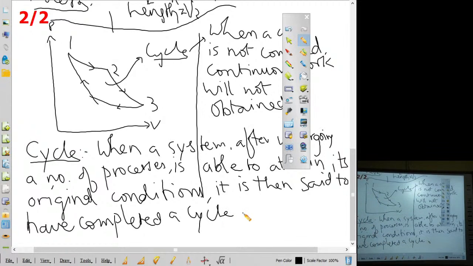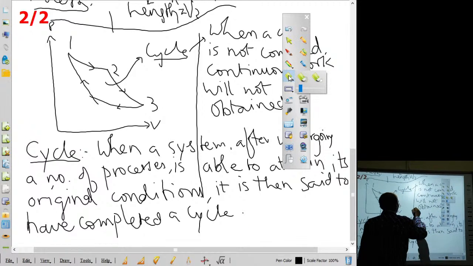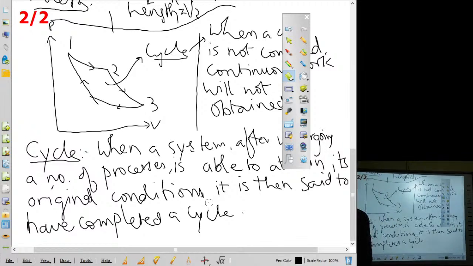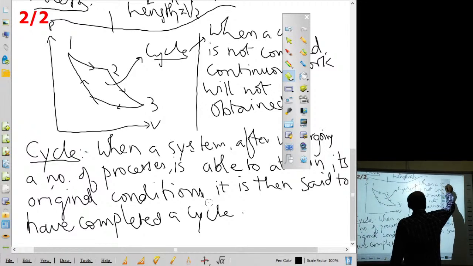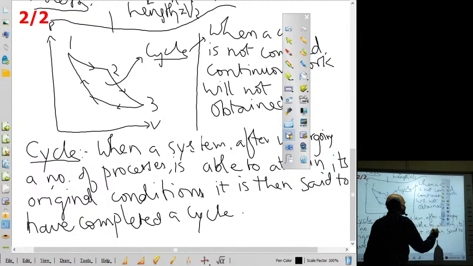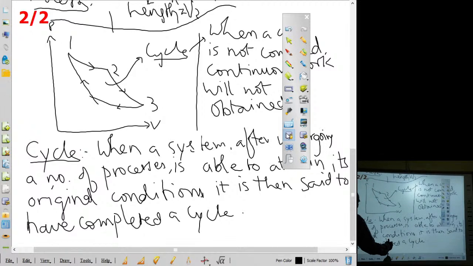Yes, so that was the definition for a cycle. In continuation with the definition, what we have next is thermal equilibrium.